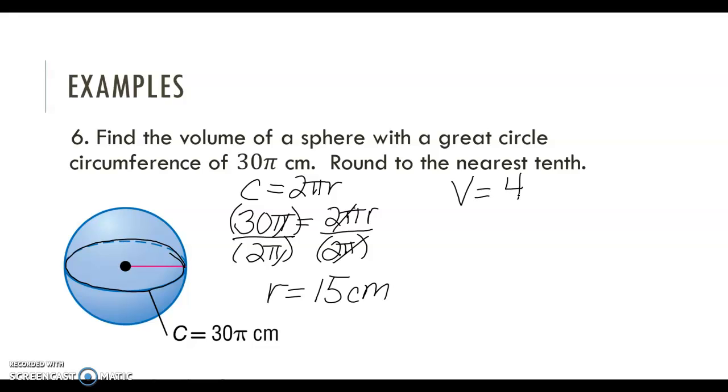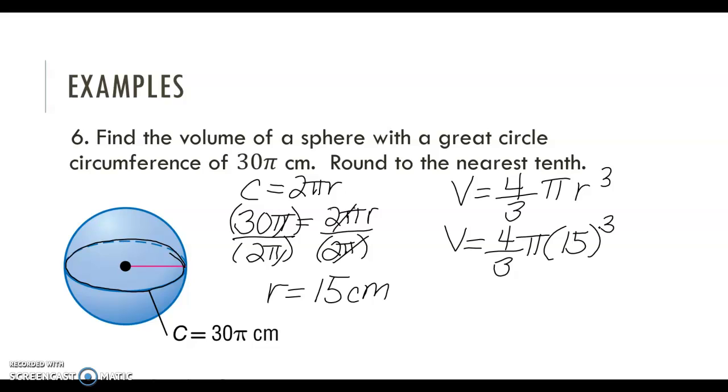The volume is 4/3 pi r cubed. So 4/3 pi 15 cubed gives us a volume of 14,137.2 cubic centimeters.